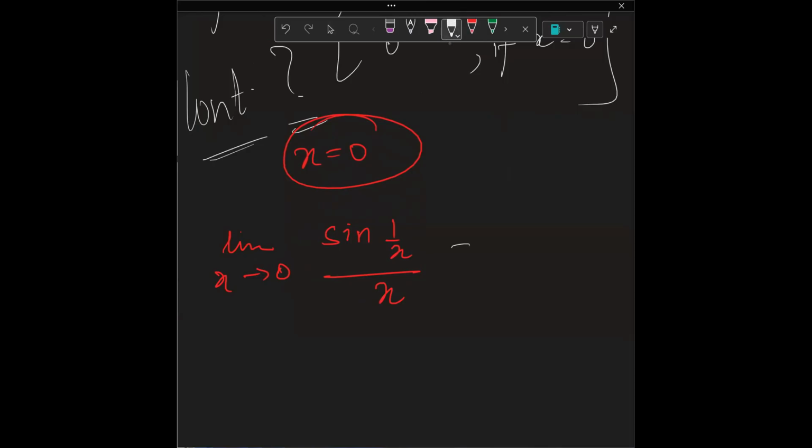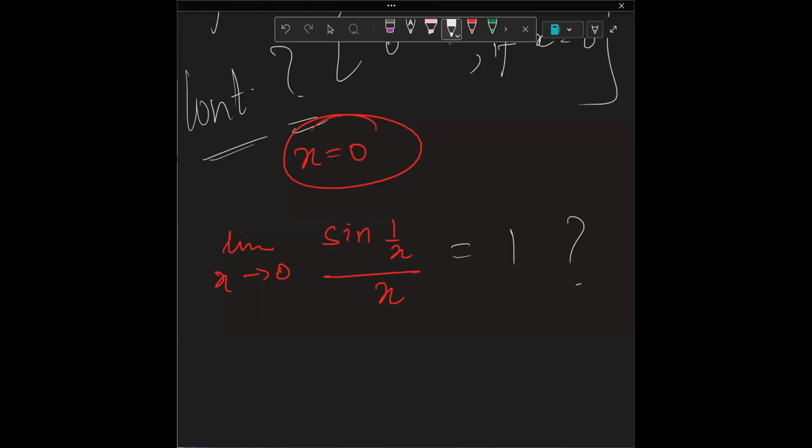Can I write this equals to 1? No, sir. Okay. Ali, can I write this is equals to 1 or not? No? Sir. Anas, can we write?